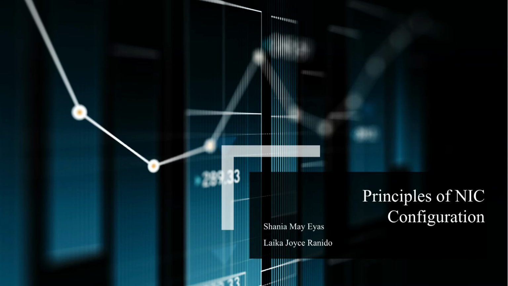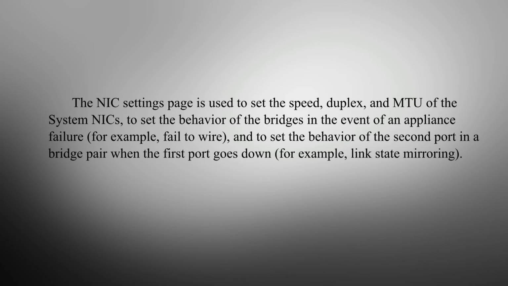Now, let's talk about principles of NIC configuration. The NIC settings page is used to set the speed, duplex, and MTU of the system NICs, to set the behavior of the bridges in the event of an appliance failure, for example, fail to wire, and to set the behavior of the second port in a bridge pair when the first port goes down, for example, link state mirroring.